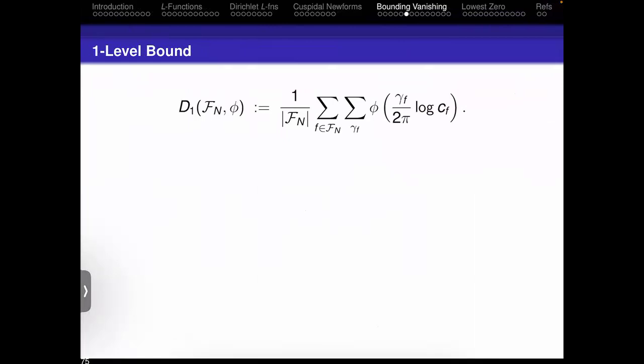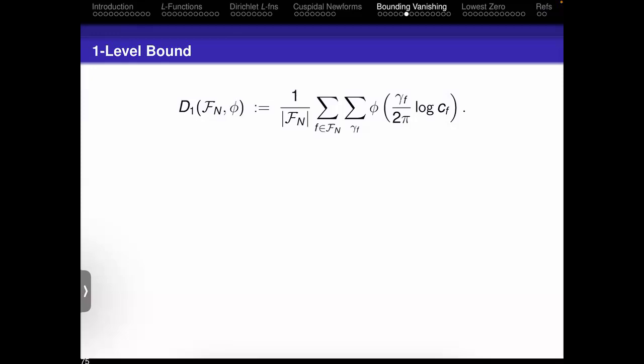If we wanted to calculate, say, the bound for the one level, well, I have my scaled zeros. Near the central point, the zeros should be spaced approximately 1 over log of the conductor. So I'm rescaling by the log of the conductor, so I have mean spacing 1. I sum over all the zeros, then sum over all the forms in the family, and divide by the number of forms in the family. This should give me the average.